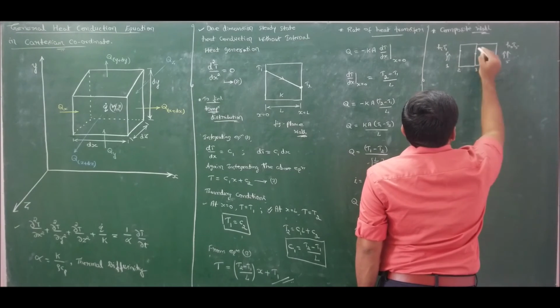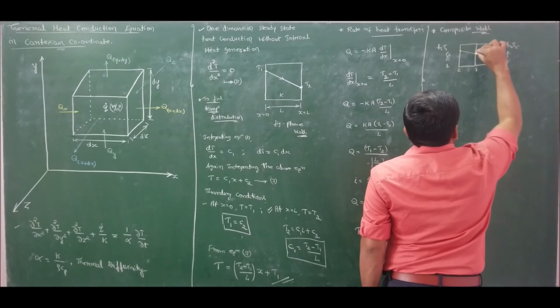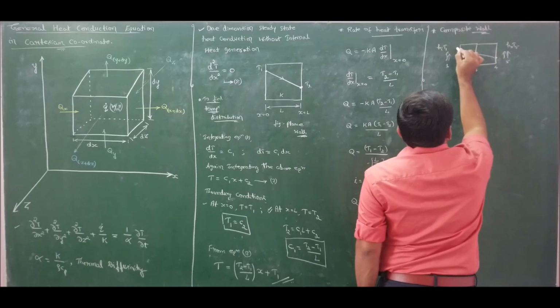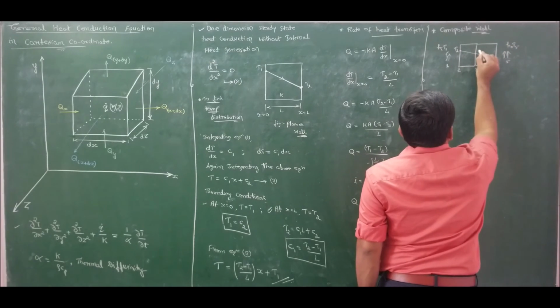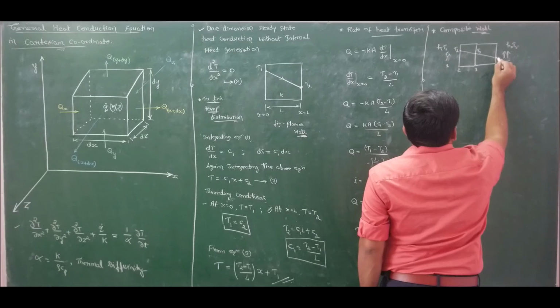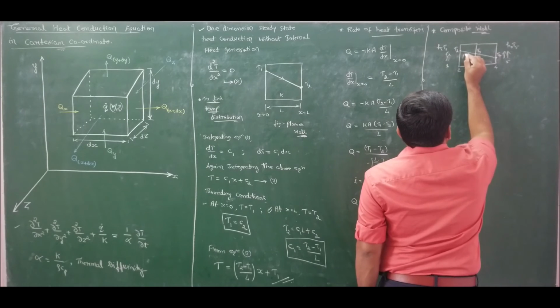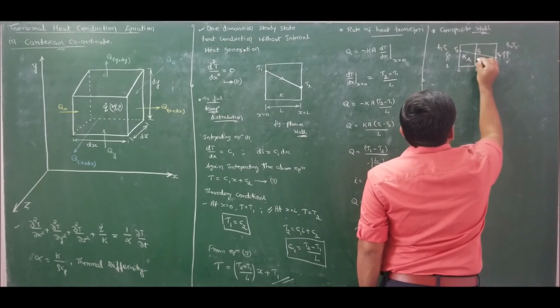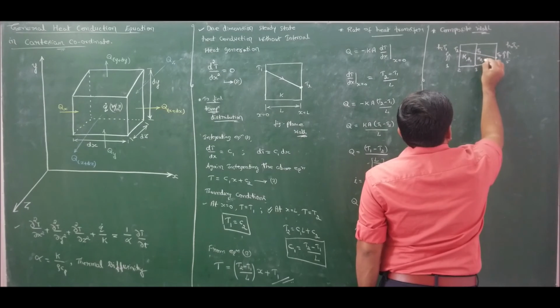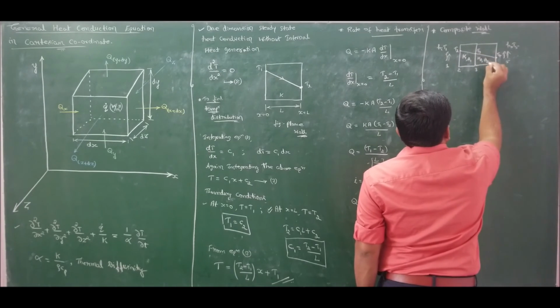Let me have T3 here. So like this, let us consider the temperature distribution. Here the temperature might be taken as T2, T3 and T4 like this. Let the thermal conductivity be K1 and area of first wall be A1. For the second wall I will take thermal conductivity as K2 and area as A2.